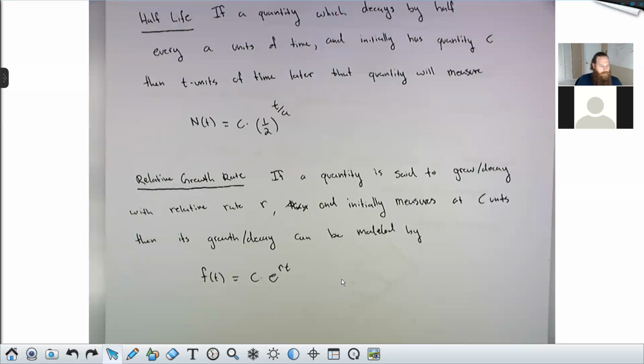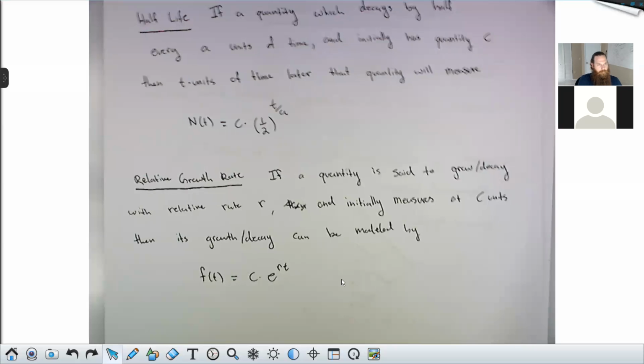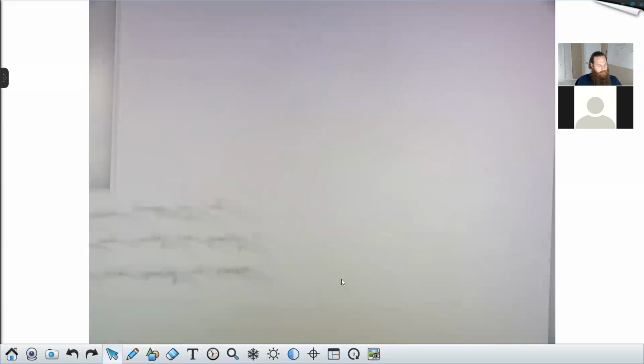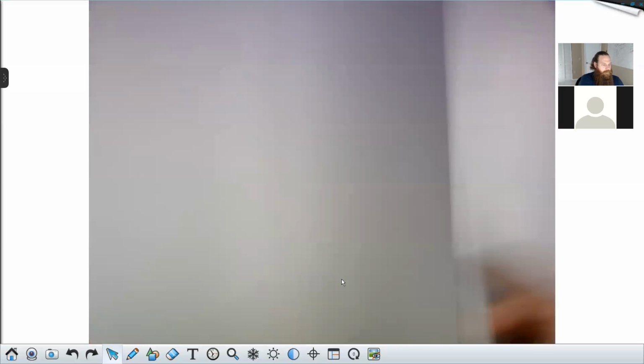So first, let's look at a doubling time problem. Squirrels, like rabbits, love to make more squirrels. That's kind of their only hobby.